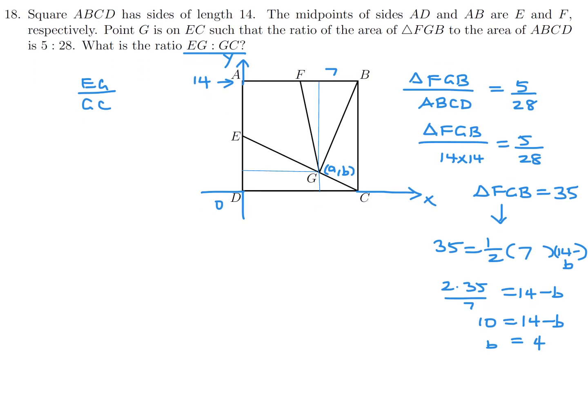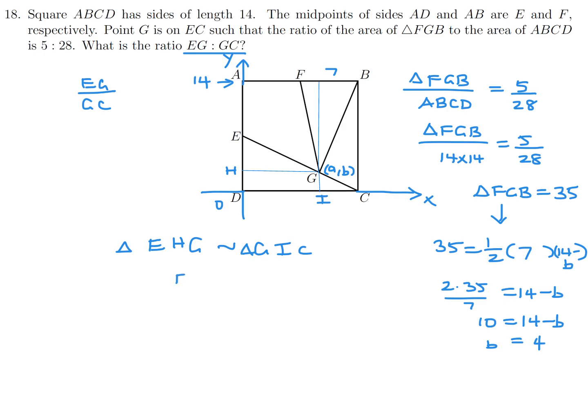Okay, now let's look at this. I think we're going to use similar triangles here because triangle E, well, I got to label these now. Let's call this H. EHG is similar to, let's call this I, GIC, right? Those are similar triangles.